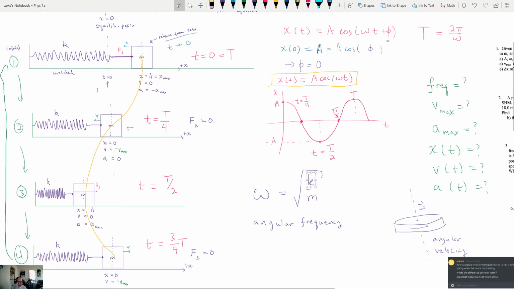Right? If you quadruple the spring constant, what happens to the angular frequency? If you make this 4 times as big, what happens to this one? Twice as big, right? Because you're square rooting it. So the bigger the spring gets, the faster that it oscillates back and forth, okay?